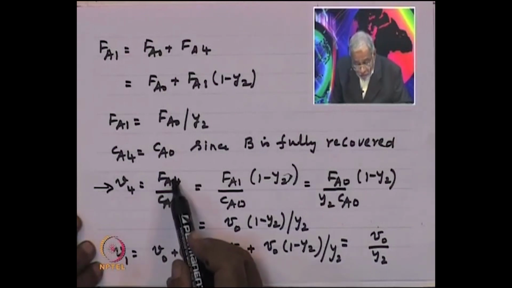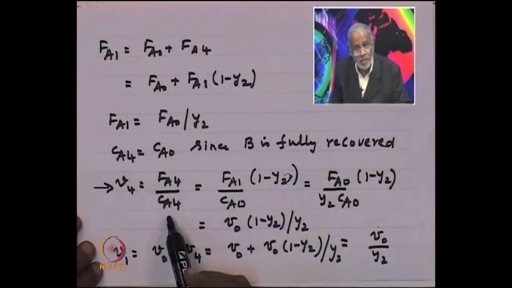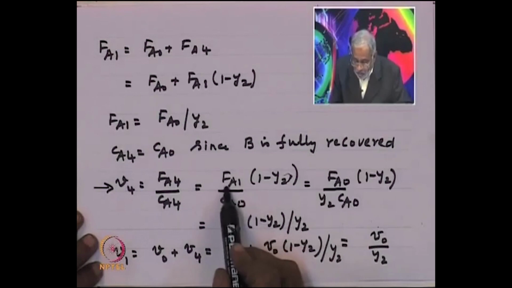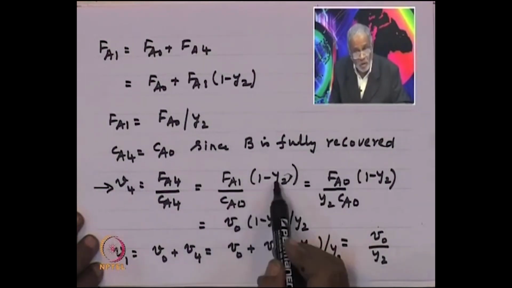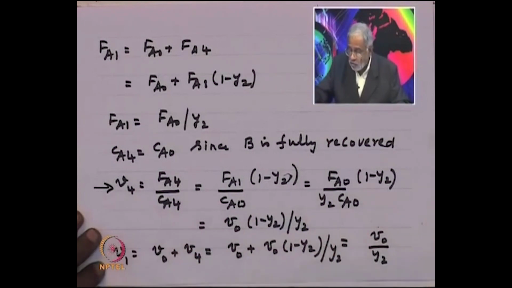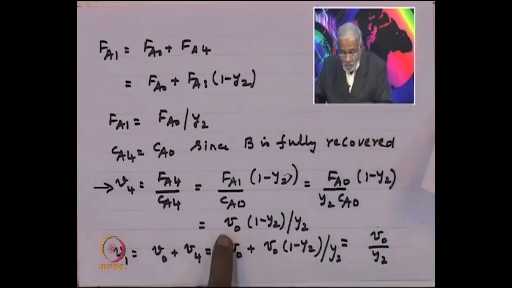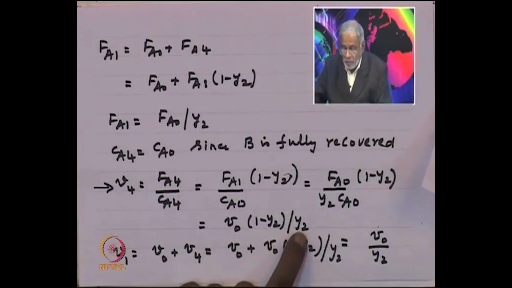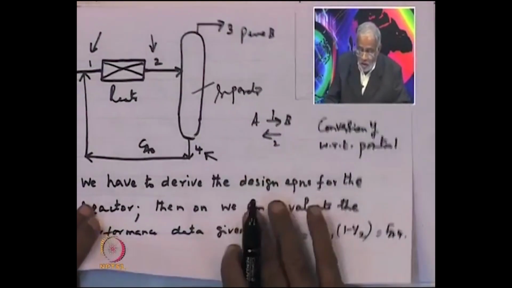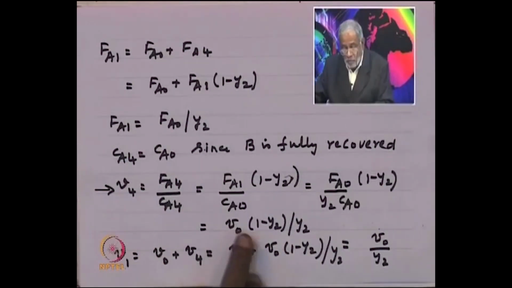By definition it is FA4 divided by CA4, molar flow divided by concentration. CA4 is CA0, therefore FA4 means FA1 times 1 minus Y2. Therefore we find the flow at position 4 is V0 times 1 minus Y2 divided by Y2, that is V4.